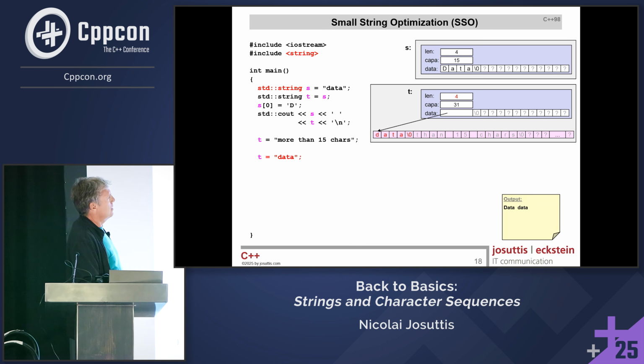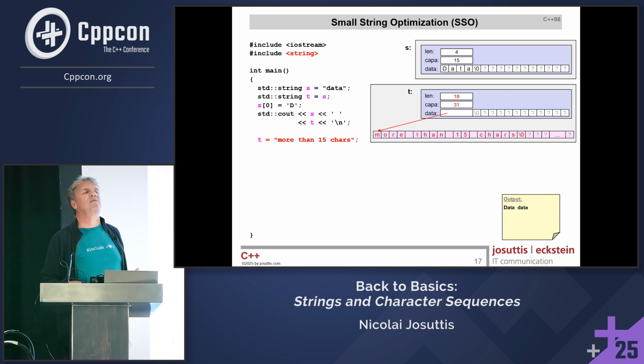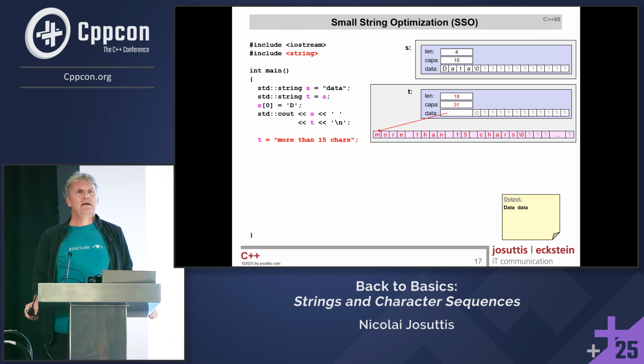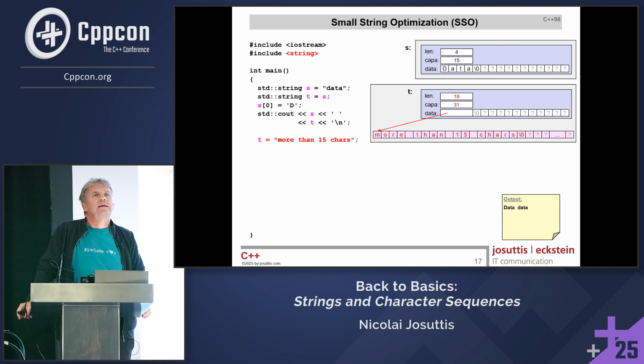So we have now capacity for 31 characters. Oh, we only had 18. So that's also another thing that compilers might do. They might say, you need space for 18 characters plus backslash 0, that would be 19 bytes. Let's round it up to 32 bytes because that's the natural way memory is managed in the system.